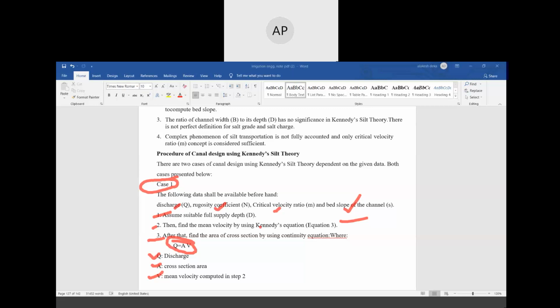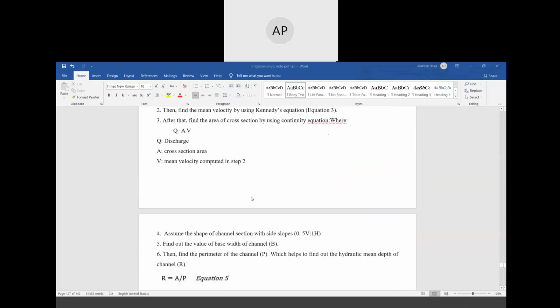That is your roughness coefficient, the channel roughness. These are the steps 1, 2, 3, 4.